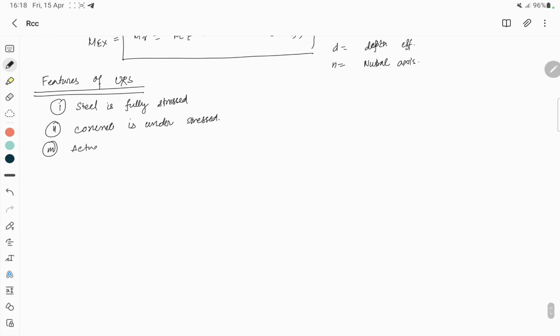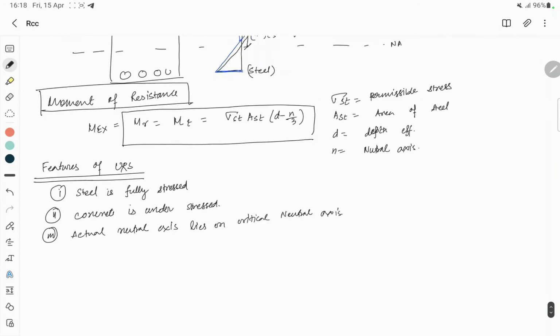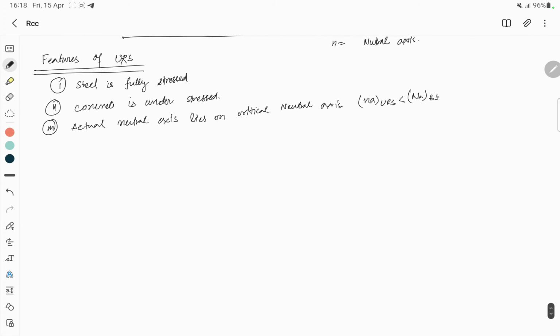The actual neutral axis lies on the critical neutral axis. That is why I am saying that the neutral axis in the under reinforcement section is less than the neutral axis of the balanced section.